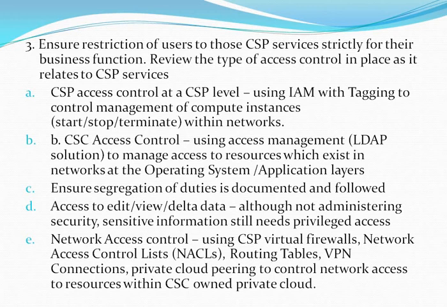The cloud provider access control at CSP level uses IAM with logging to control management of compute instances, so start, stop, terminate. They use a different kind of methodology within their network. If you want to know that, simply contact your cloud provider. They will let you know, as information for your security team.